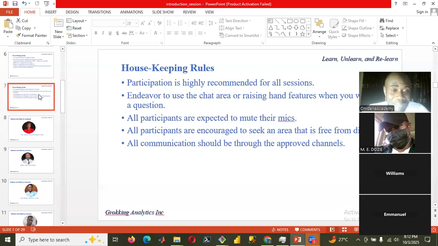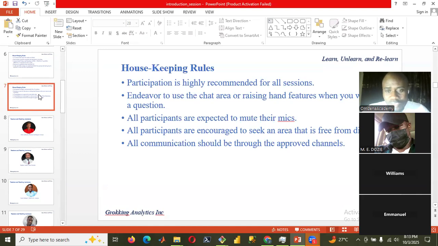And next time, they may not have the opportunity to join not just my session, but any other session. It may be difficult to have them join because they don't have a good record of being active after registering.